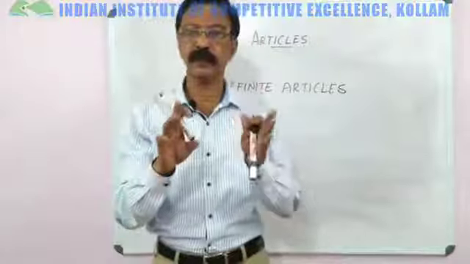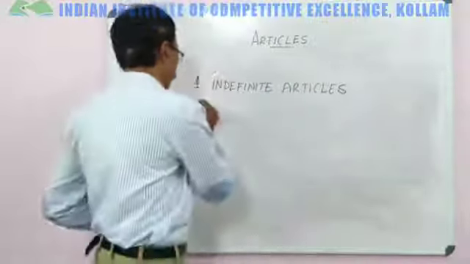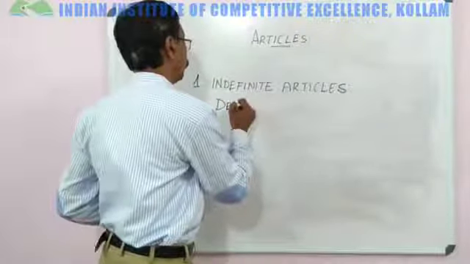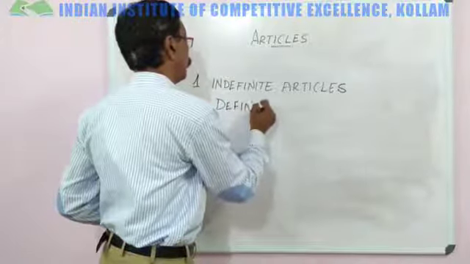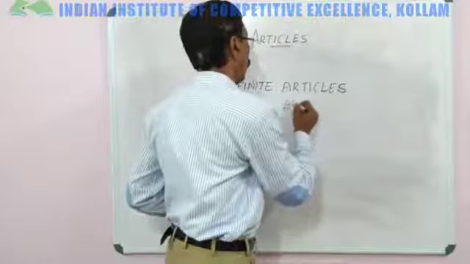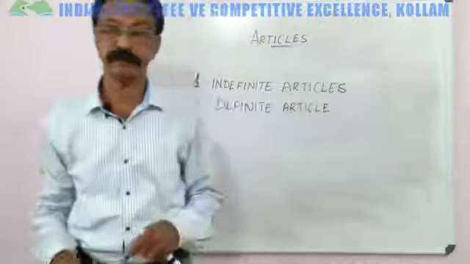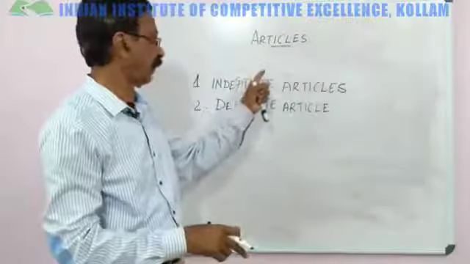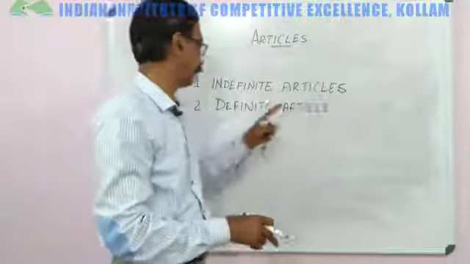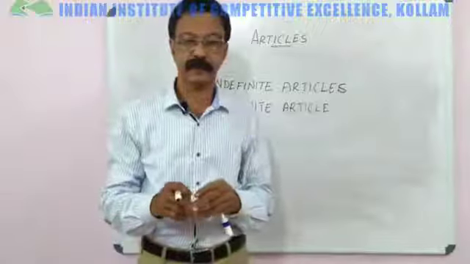Second is definite article. So we have seen two categories of articles: one is indefinite articles, two definite articles.